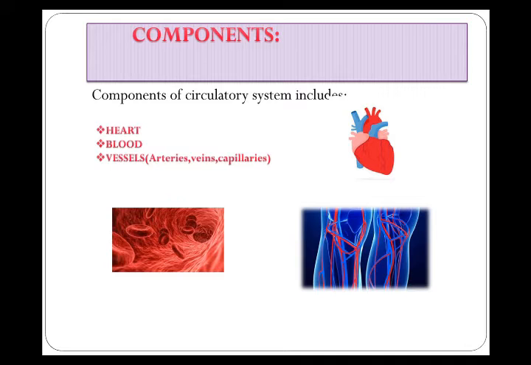Blood. As you all know, blood is a connective tissue. Blood has different types of cells like RBC, WBC and platelets.